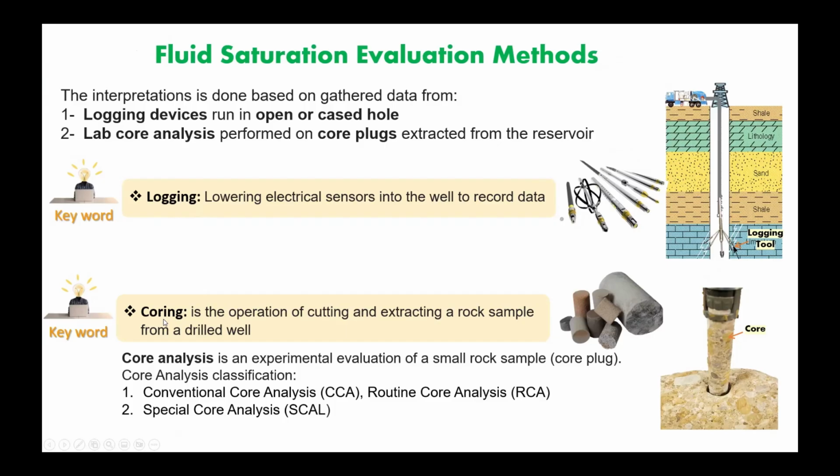Coring, the term is used to explain the operation of cutting a rock sample from a drilled well. Core analysis is an experimental evaluation of small rock samples, and they are classified into conventional core analysis, CCA, or routine core analysis, they are representing the same, and special core analysis, SCAL. The hydrocarbon saturation can be evaluated from both, from logging and from coring.